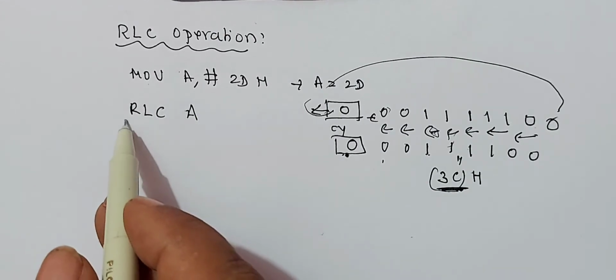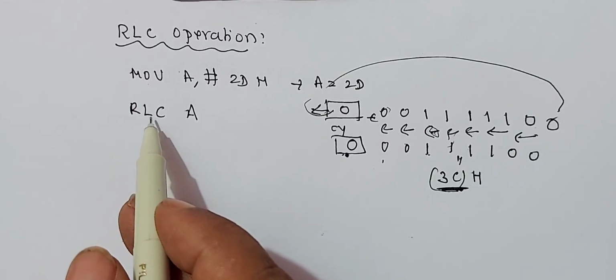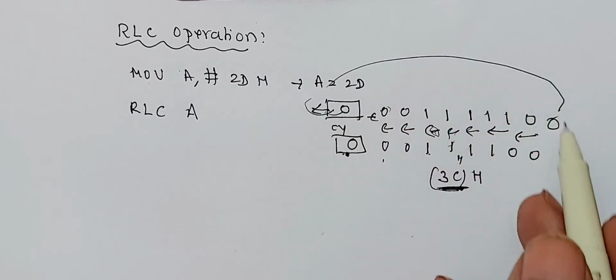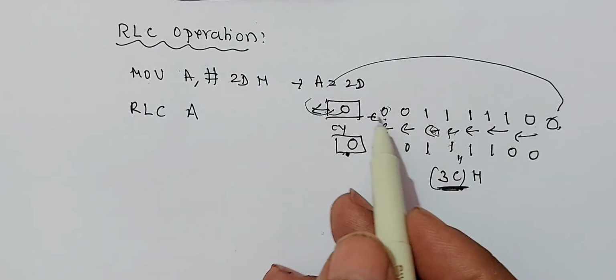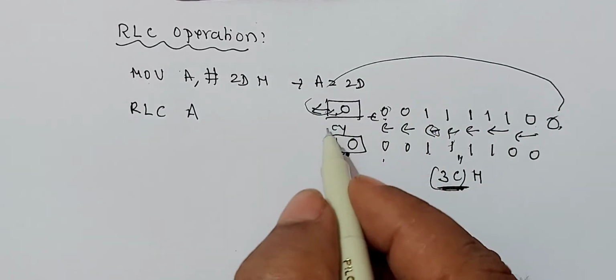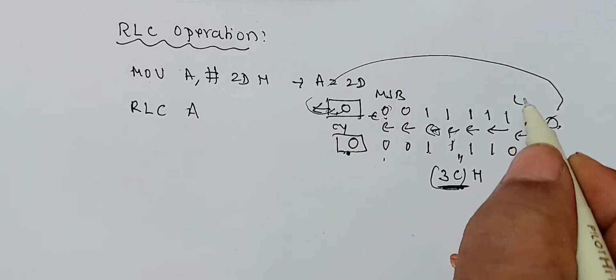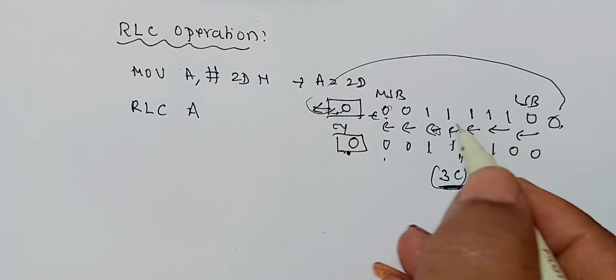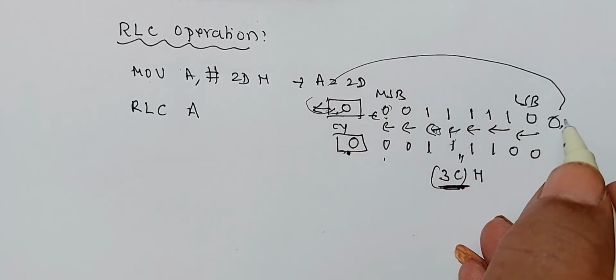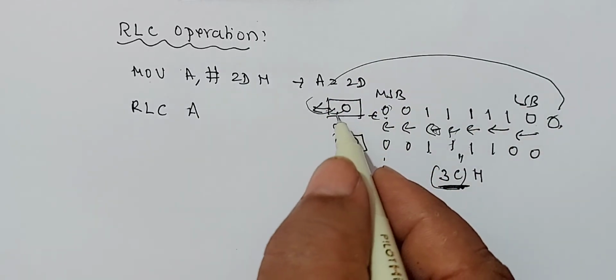So in rotate left with carry, what happens? Carry becomes the LSB and the MSB goes to the carry. This is carry. This is MSB. This is our LSB. When you shift like this, carry goes to the LSB and MSB goes to the carry.